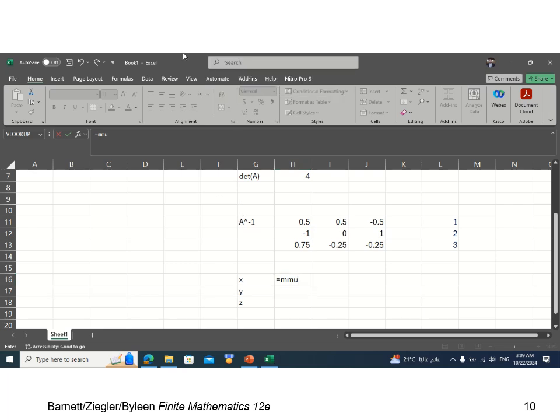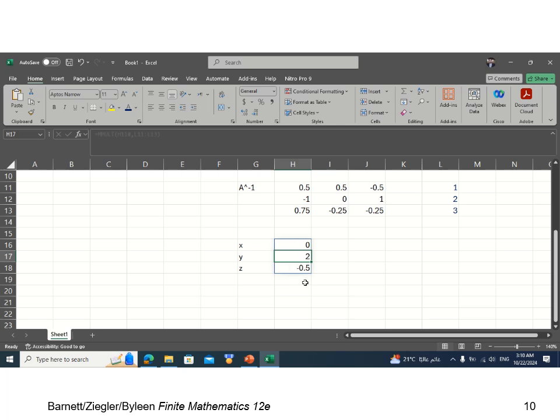The condition is that array 1 must have the same number of columns as array 2 has rows. We will select the inverse, then a comma, and array 2, the constants, and we will press enter. Now we have x, y and z.